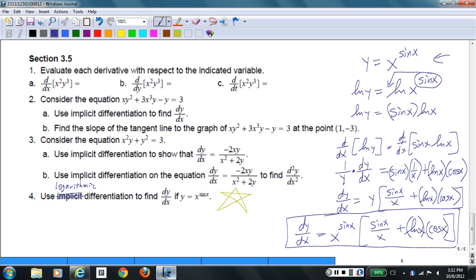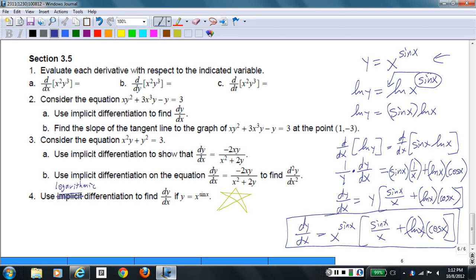I think one derivative using implicit differentiation will be adequate. It really got kind of ugly, that second derivative, and I don't want you to feel like that's going to be expected of you on the test. I certainly don't want to feel like I have to grade it. So, one derivative using implicit differentiation.